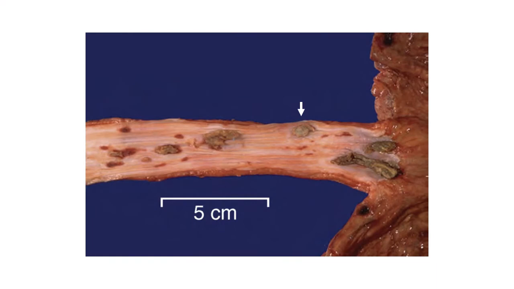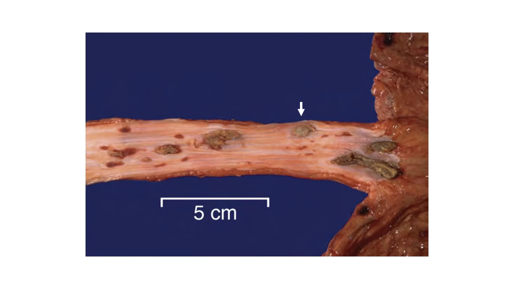This is the gross picture of the esophagus with herpes simplex virus infection. There are sharply demarcated ulcerations that have a brown-red base, marked with this white arrow, and they are contrasted with the surrounding normal pale or white esophageal squamous mucosa.